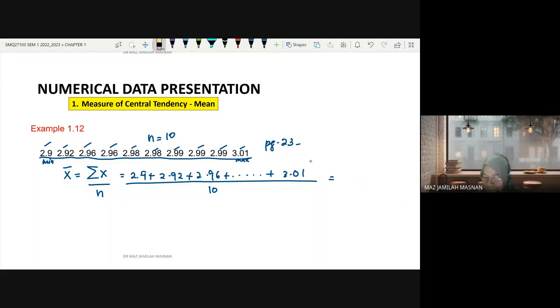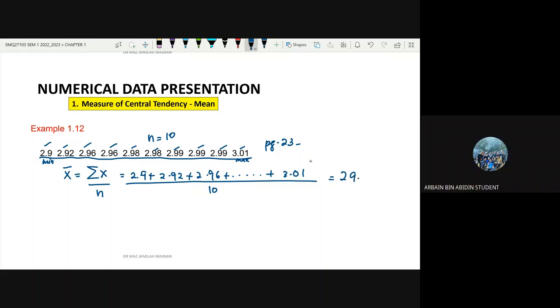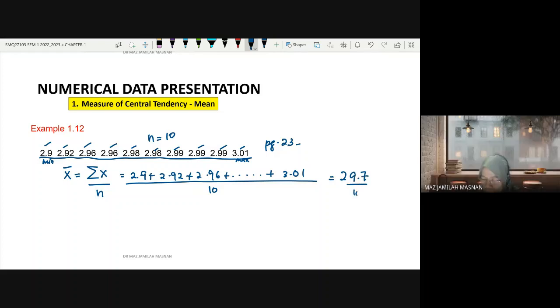Okay, one moment, I will answer one by one. So 29.7, right? Yes, madam. Okay, divide by 10, you get 2.97. So 2.97 means that this will be the location of your X bar. Okay, almost in the middle, but shifted to the smaller value.